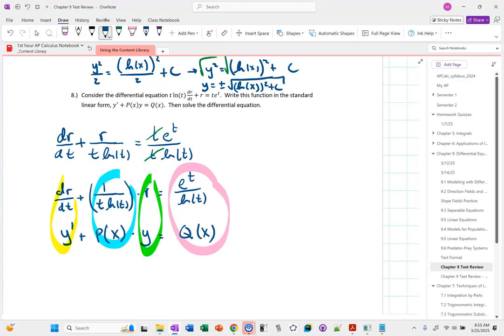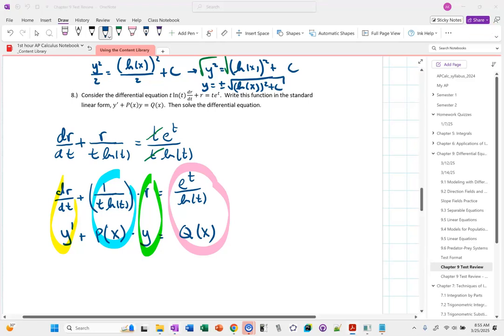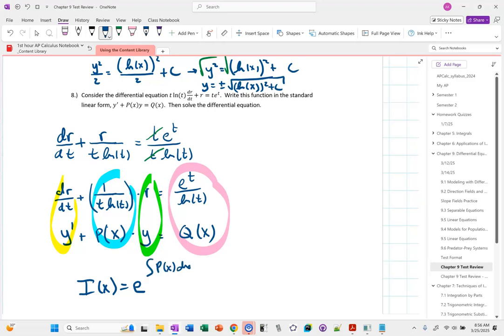Now, how do I find that integrating factor? Yeah, so we say I of x equals e to the integral of p of x dx. How am I going to do the integral of 1 over t times natural log t dt?